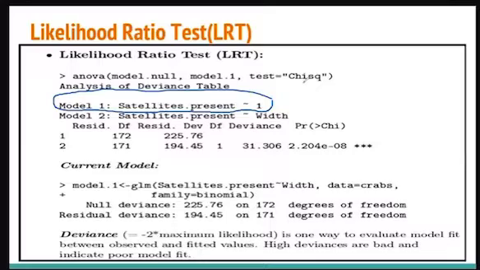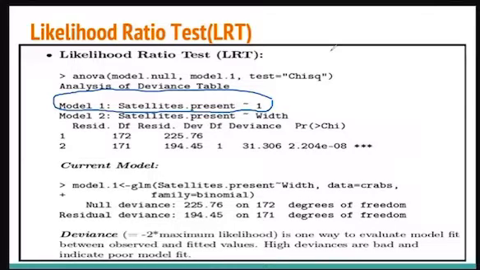There's no connection between the response and any explanatory variable. That's what we call an intercept model. We also call that a model without covariate, without predictor, or without any explanatory variable. Which means whether satellite is present or not does not depend on any factor.